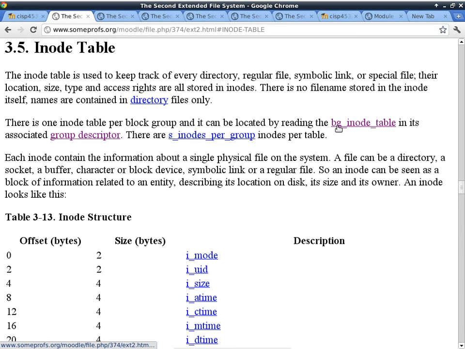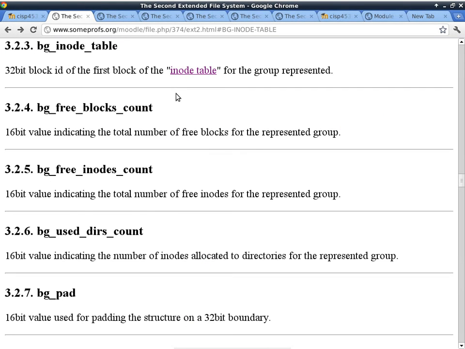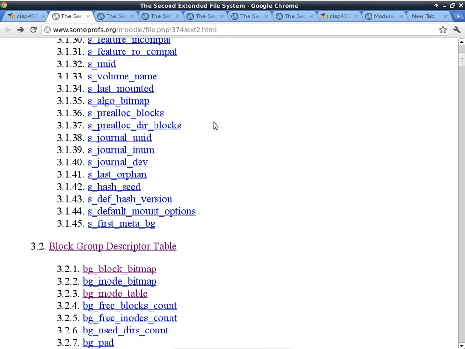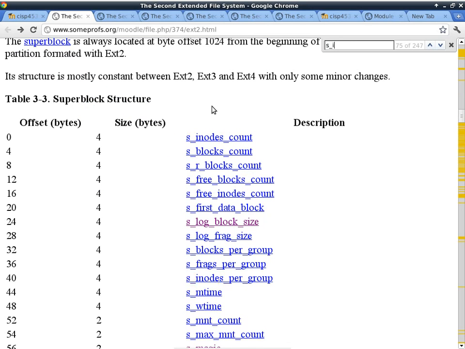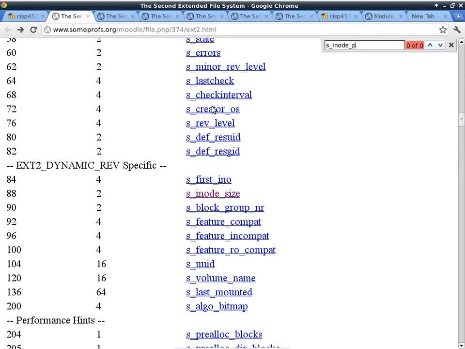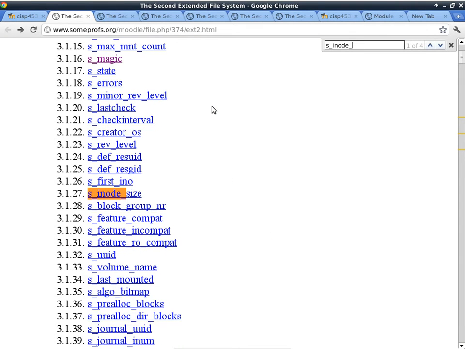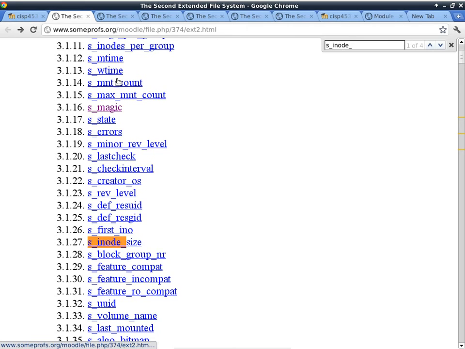The prefix is telling you this is coming from the superblock, because everything that has S_ as a prefix comes from the superblock. So that means we just have to look closer in the superblock to find the inodes per group. It's number 11.